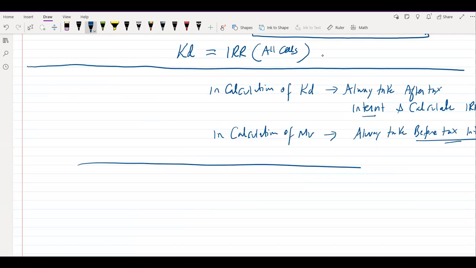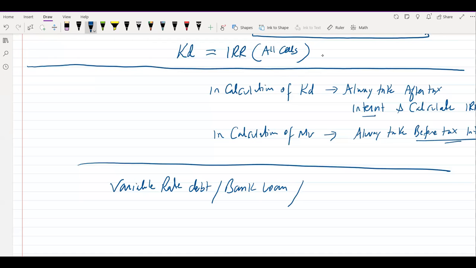अच्छा जी, अगर एग्जाम में आ गया variable rate debt, बैंक लोन, या फिर if bond is trading at par and redeemable at par.